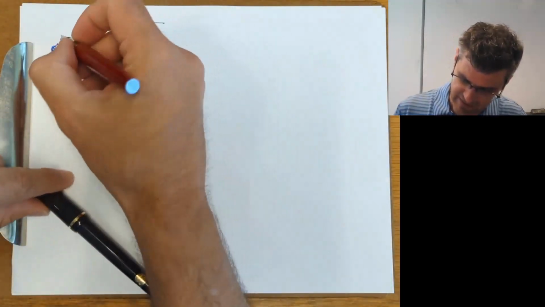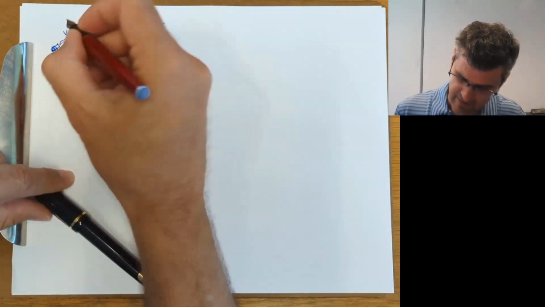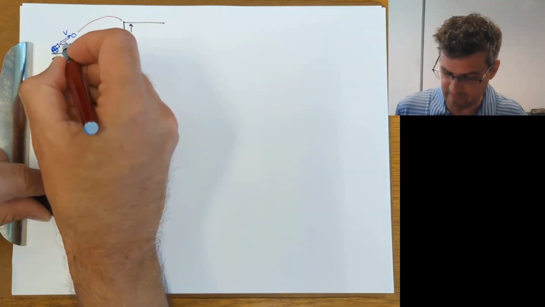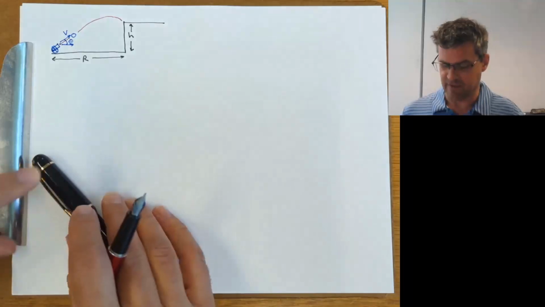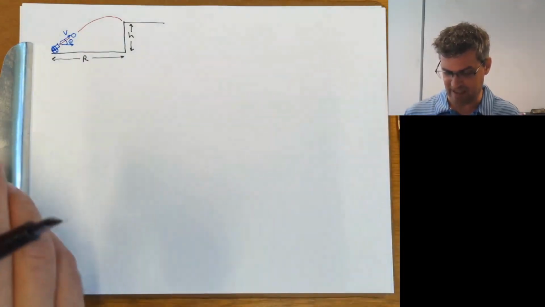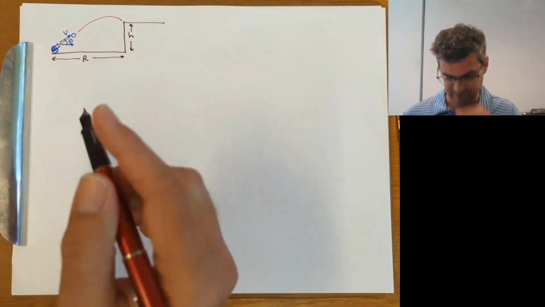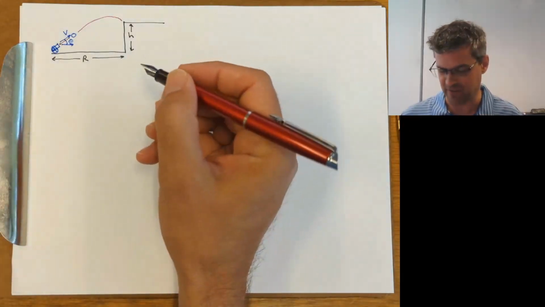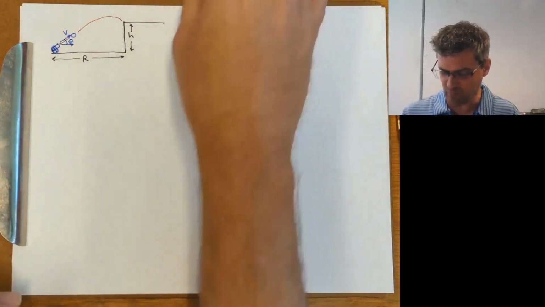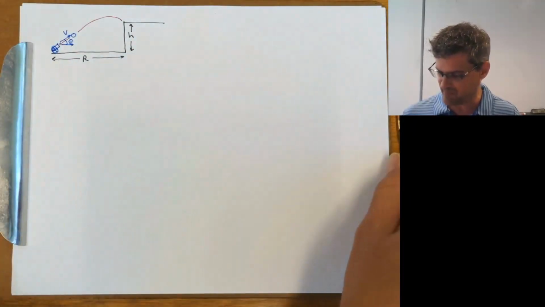So the particle's initial velocity, we don't know. But we do know the angle that the projectile makes as it leaves the cannon. So there's a couple of things that we know, a couple of things that we don't know. Now, I am going to work the problem in terms of these variables.